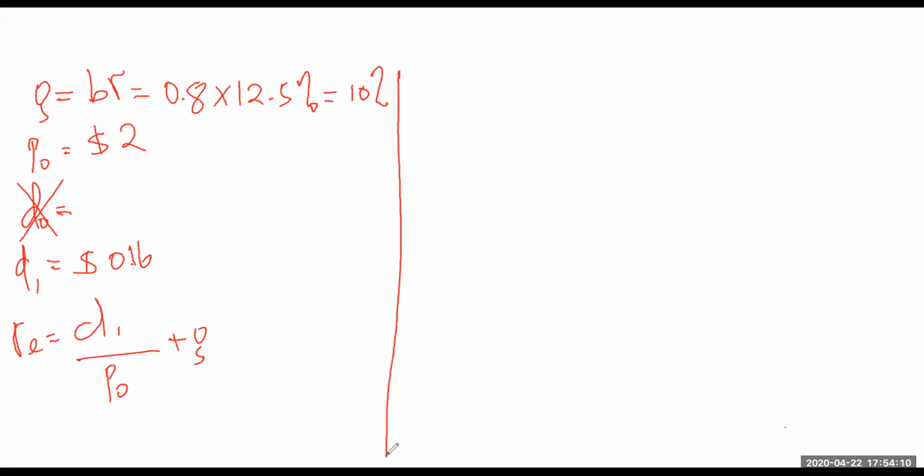In this case, D1 is 16 cents, divided by P naught, which is $2, plus annual growth in dividend, which is 10%. And I guess we get 18%. I'm not sure. Confirm the answer, and I guess we get 18% to be the cost of equity.